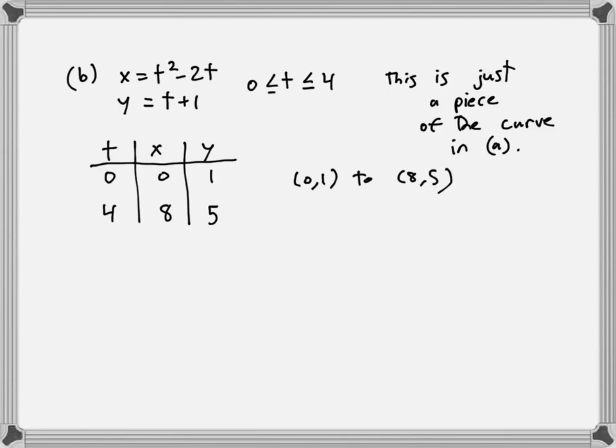If we look at our curve, here's 8, 5. Here's 0, 1. And remember, we knew that this guy has the vertex right there. So what does this curve do? It looks like this.